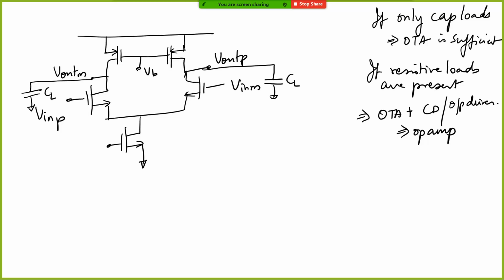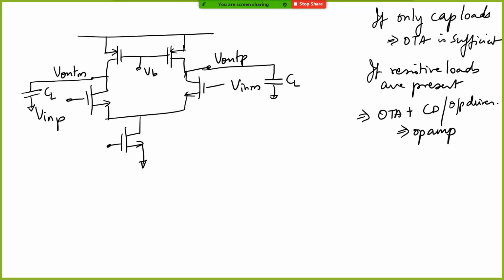Although this is the more textbookish distinction, many times the word op-amp is used commonly for OTAs as well as op-amps. And in MOSFETs, in many cases you will have only capacitive loads, because this op-amp will drive another op-amp or another transistor's gate, where the input impedance is only capacitive.